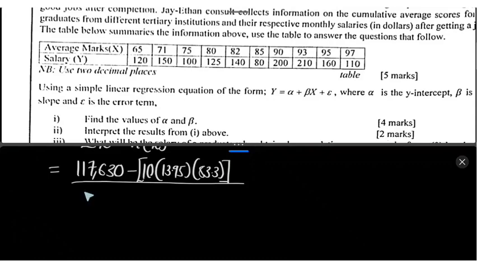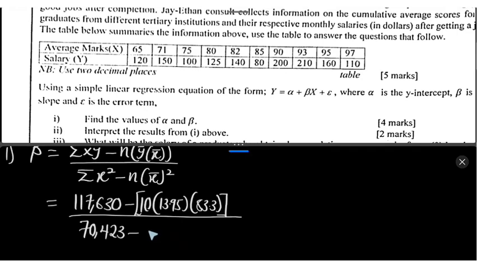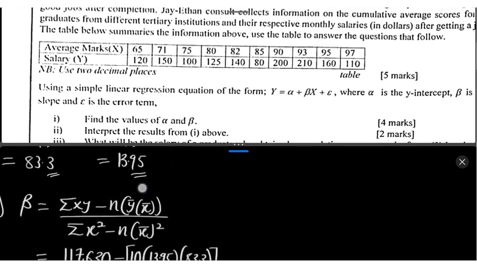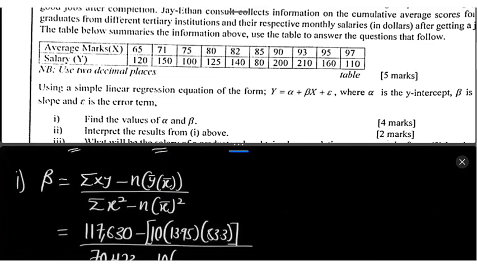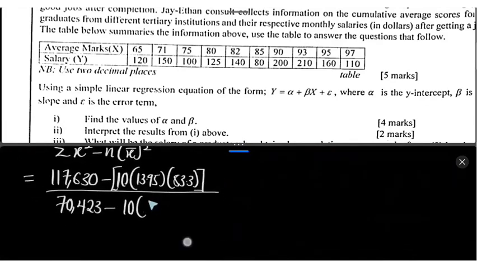So you're going to have that one here, 70,423 minus, and we know our n here is 10. Then we multiply by x bar. We know x bar was 83.3. So once you have 83.3 here, you square it.